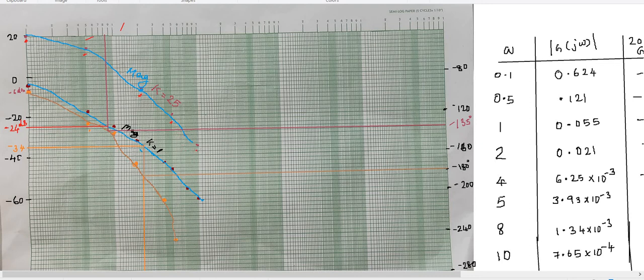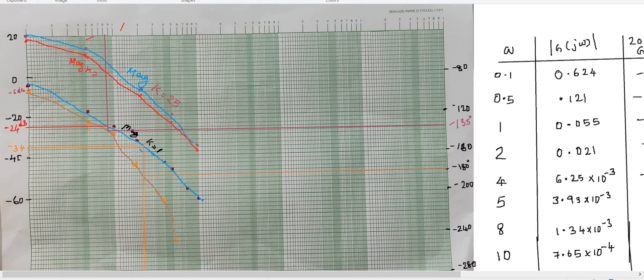The points that are marked in the red line correspond to the magnitude for this k.